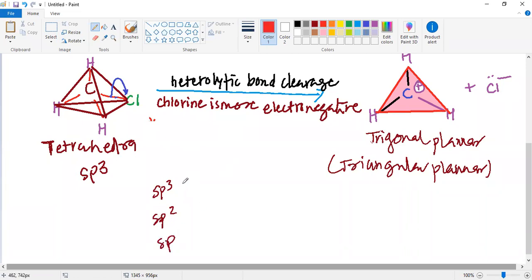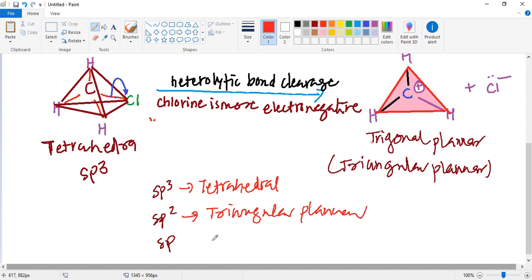If we have sp3 hybridization, we have tetrahedral structure. If we have sp2 hybridization, we have triangular planar structure. And if you have sp hybridization, the structure is linear. So here, my dear students, you can easily identify that due to the triangular planar structure, the hybridization turns from sp3 to sp2.